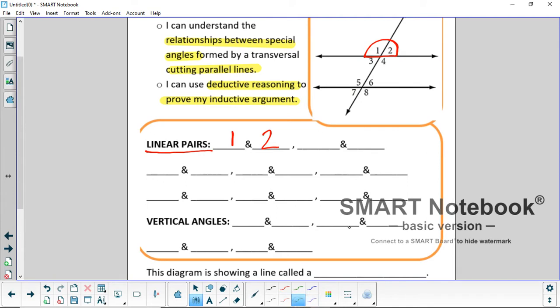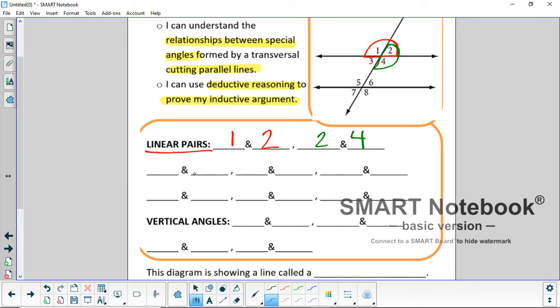Okay, now I could do that again. 2 is also next to angle 4, forming that straight line or that half circle protractor shape. So 2 and 4 are also linear pairs. So take a minute, try to find the remaining linear pairs, and then check your answer.